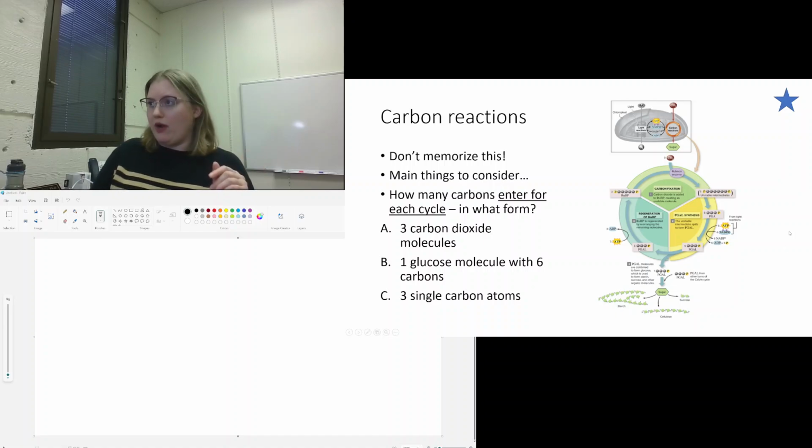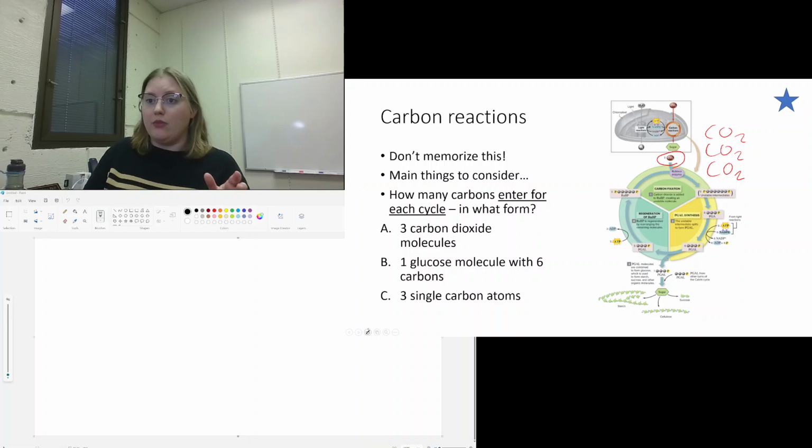So let's talk about what happens with these carbons. We have 3 carbon dioxides coming in. So we have CO2, CO2, CO2, right? How many carbons is this? It is 3 carbons, okay? So we have our first carbon, our second carbon, our third carbon. Now, we have sort of a carbon molecule base in this cycle that helps us change the shapes of these molecules in a way that is energetically favorable.